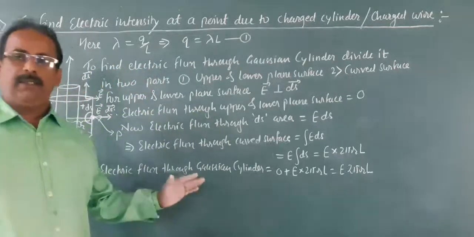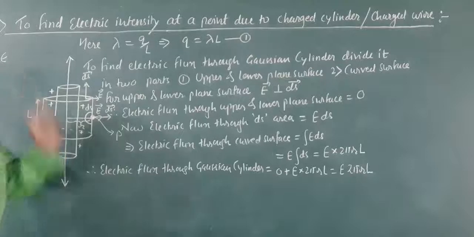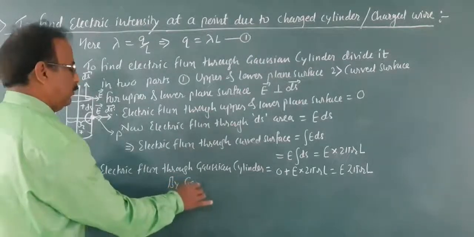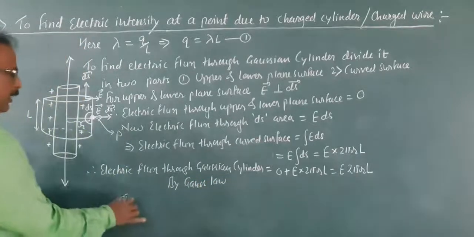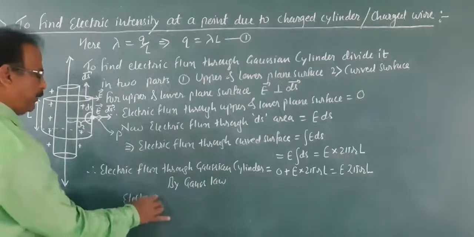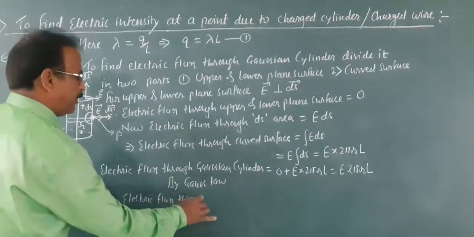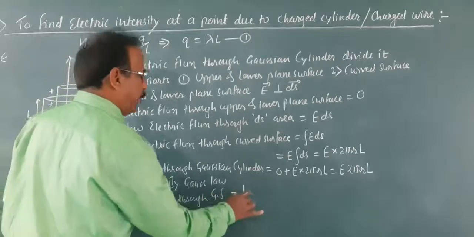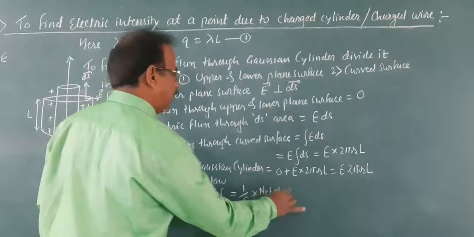After finding the electric flux through this Gaussian cylinder, now use Gauss law. By Gauss law, the electric flux through the Gaussian surface is 1 upon epsilon times the net charge enclosed by that cylinder.